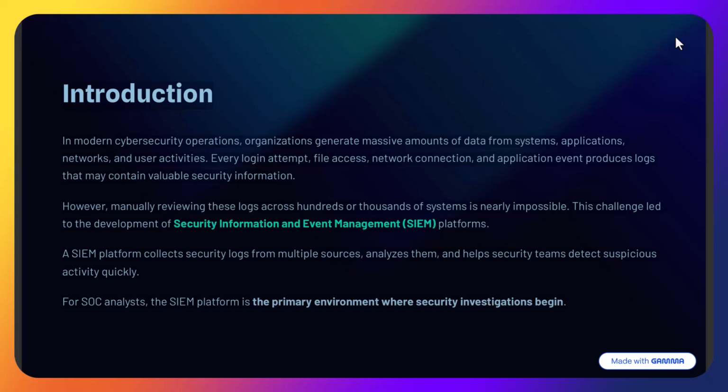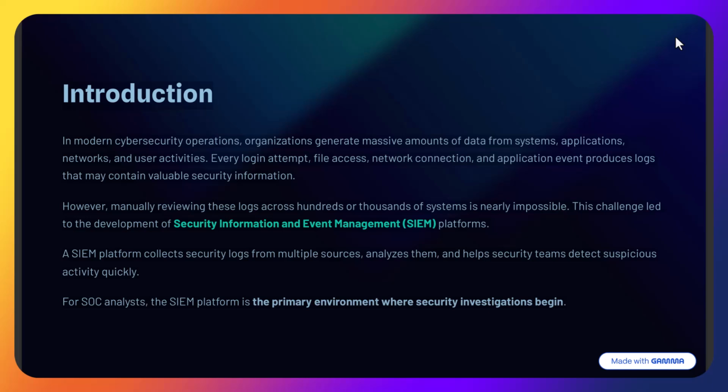Some common examples of logged activities include login attempts, file access events, network connections, and application activity. These logs may contain important security information that helps detect cyber attacks.